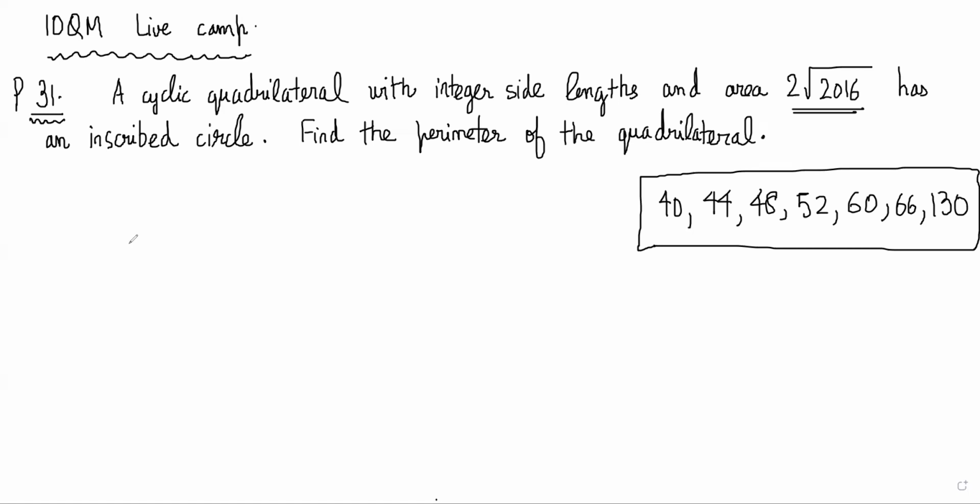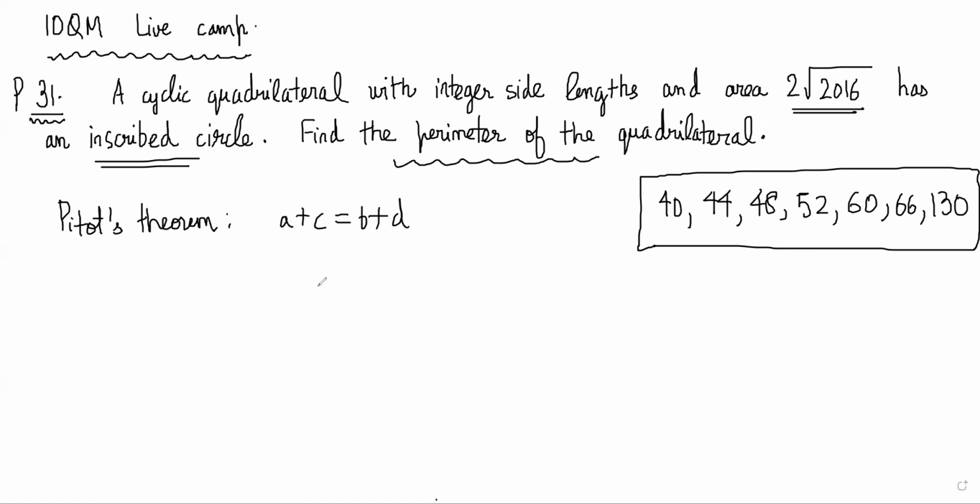So the idea is, because there is a circle inside the quadrilateral and Pitot's theorem, we know that A plus C is equal to B plus D. And if we define the semi-perimeter for the quadrilateral, it would be defined like this: 2S is equal to A plus B plus C plus D, right?